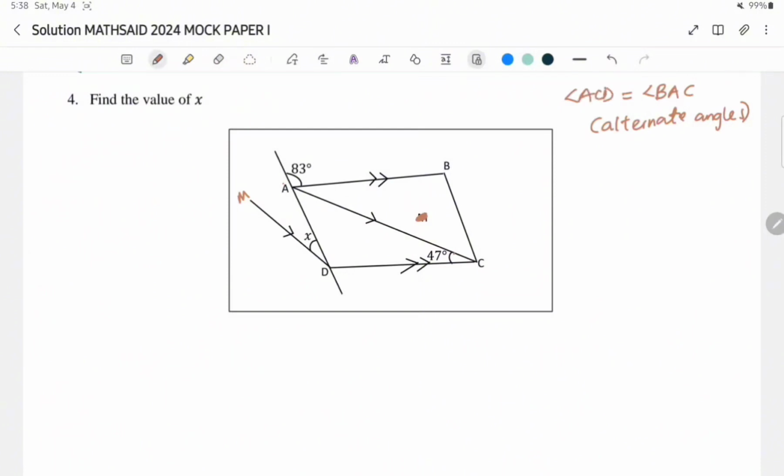The angle here, 47 degrees, is alternate to the angle here. If you look carefully, you see that they form the letter Z, something like this. When our diagram is looking like letter Z or sometimes letter N, this is what I mean.